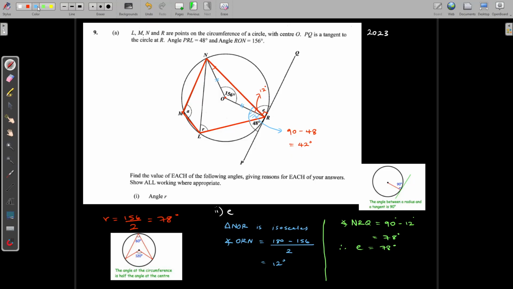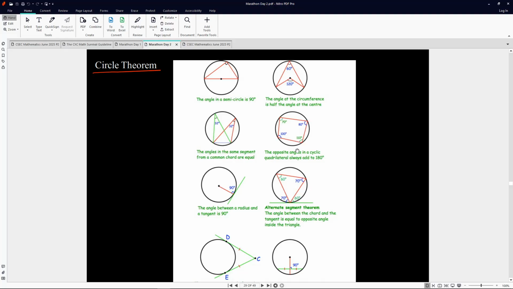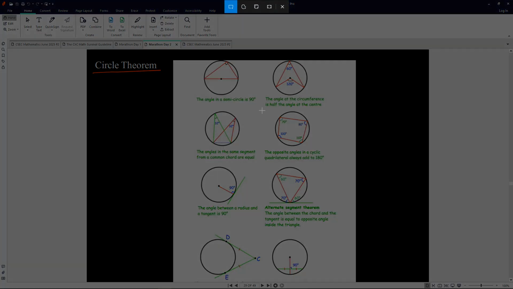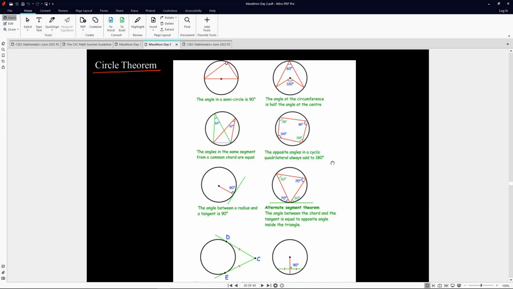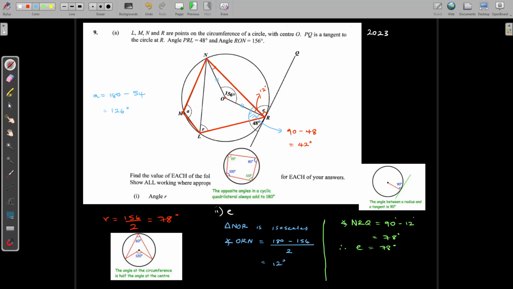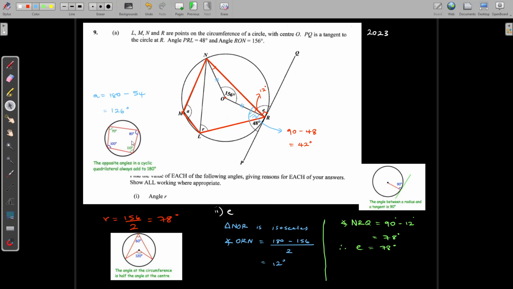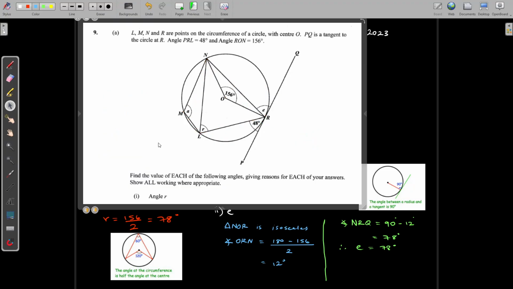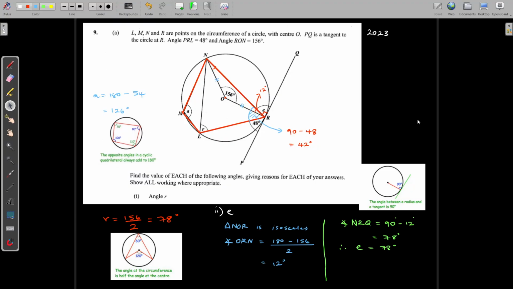So that would make A equal to 180 subtract 54, and that's what? 126. And the rule that governs this one is cyclic: opposing angles in a cyclic quadrilateral add up to 180. Pretty straightforward.